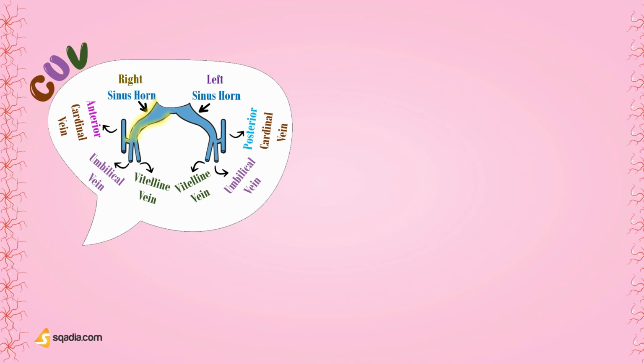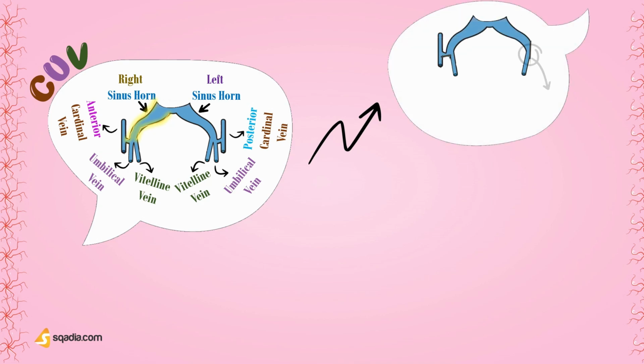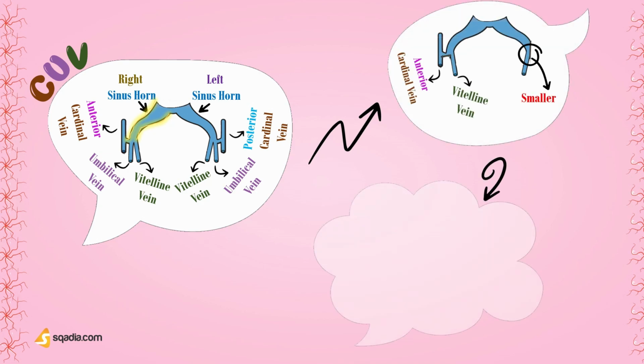This is anterior cardinal vein, and this is vitelline vein. Now, as we have discussed that the left sinus horn becomes smaller and less significant, the next step is that left sinus horn eventually forms the coronary sinus and drains the coronary veins into the right atrium.